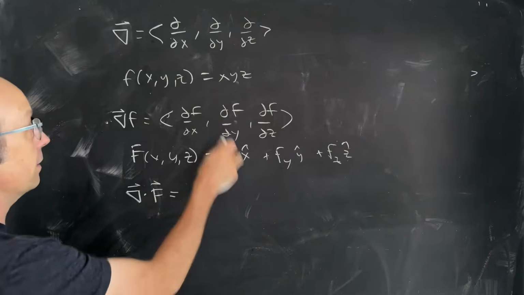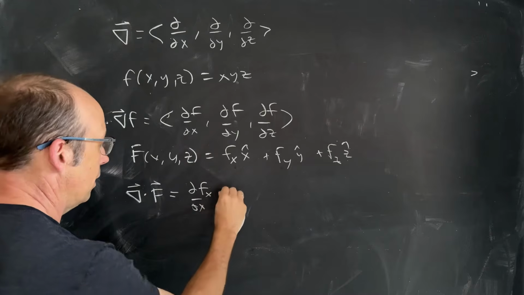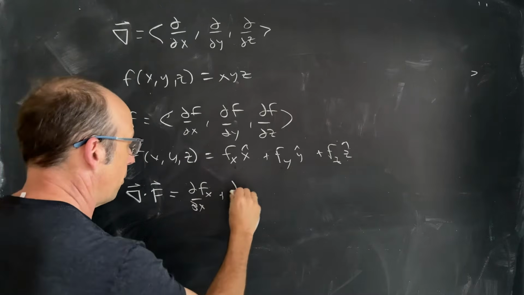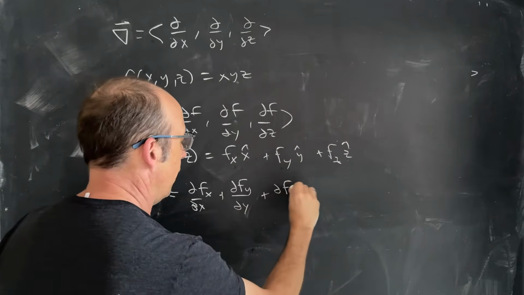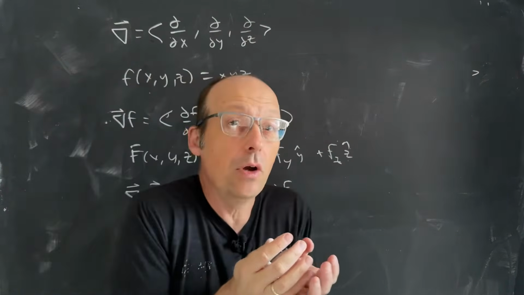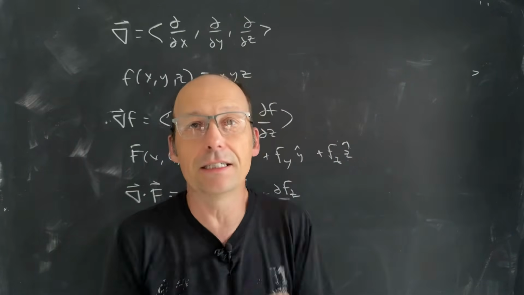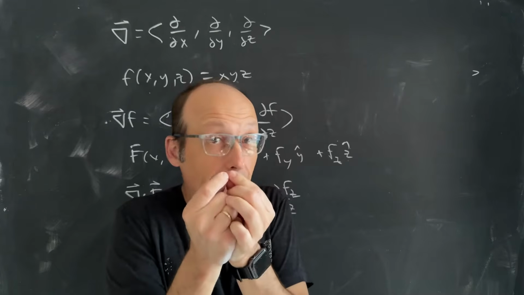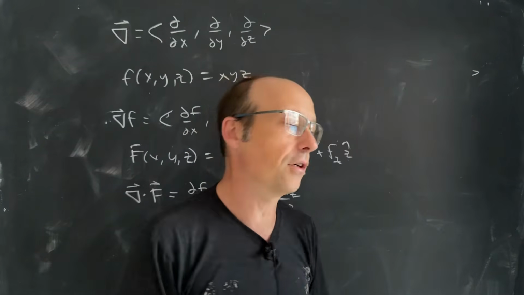If I take this dot that, I get the partial of Fx with respect to x, plus the partial of Fy with respect to y, plus the partial of Fz with respect to z. So the divergence basically tells you how a vector field diverges, right? The classic case is point charges make electric fields that diverge from the positive charge and towards the negative charge. So that's that.